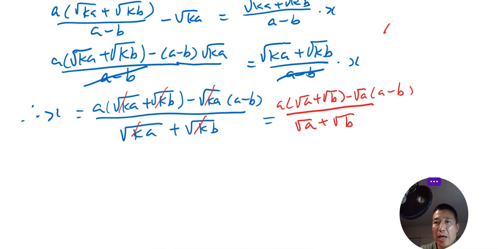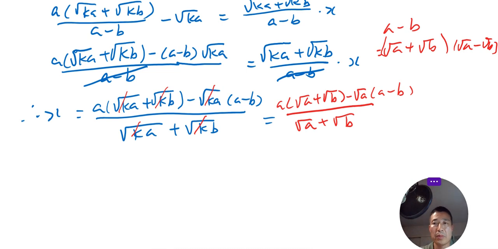And did you know a minus b means the square root of a plus the square root of b times the square root of a minus the square root of b, isn't it? A squared minus b squared is a plus b times a minus b. So the square root of a plus the square root of b is a common factor, so it's good that we get rid of the denominator.